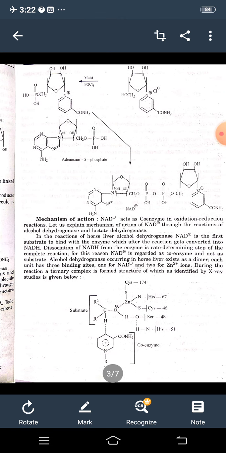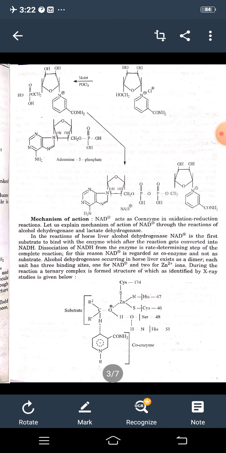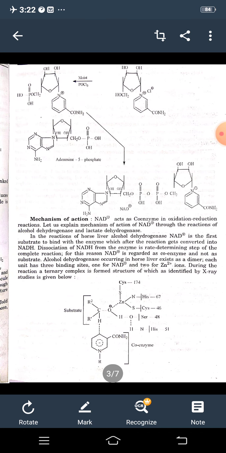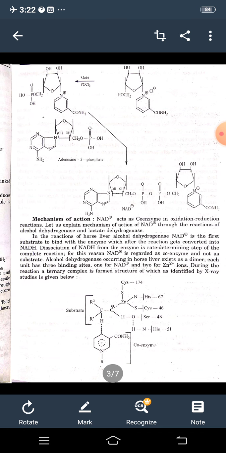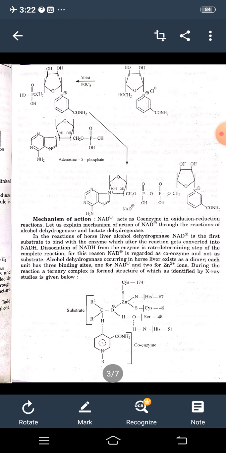Mechanism of NAD plus acting as coenzyme in oxidation reduction reactions: in the reaction of horse liver alcohol dehydrogenase, NAD plus is the first substrate to bind with the enzyme, which after the reaction gets converted into NADH. Dissociation of NADH from the enzyme is the rate determining step of the complete reaction.